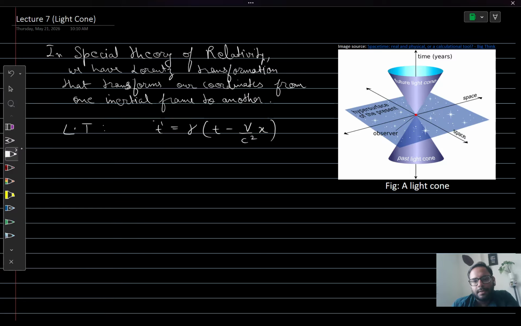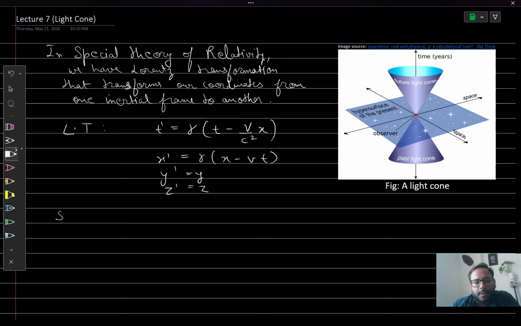Conventionally the prime coordinates are taken in the S prime frame, considered the moving frame. For x prime it is gamma (x minus vt). y prime is equal to y, z prime equal to z.